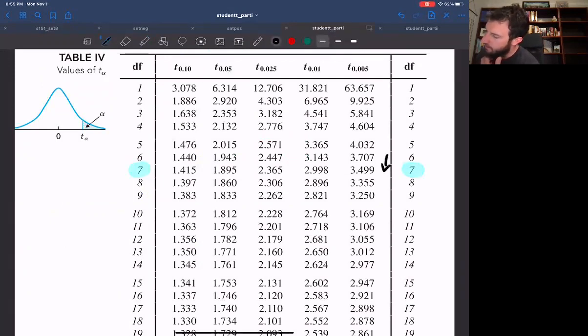And our t-value is going to be here. Right? So you can see that 7.071 is bigger than any of the values listed on the line. So that means that our tail area is going to be smaller than 0.005.